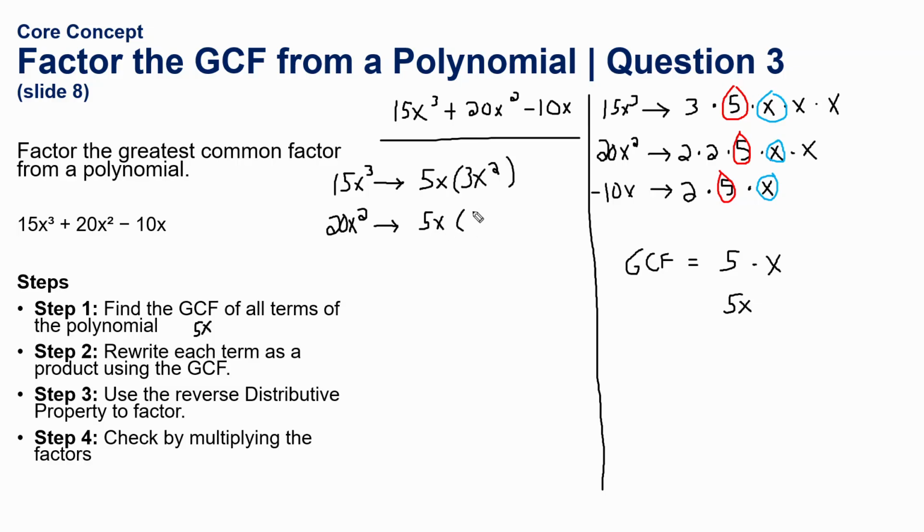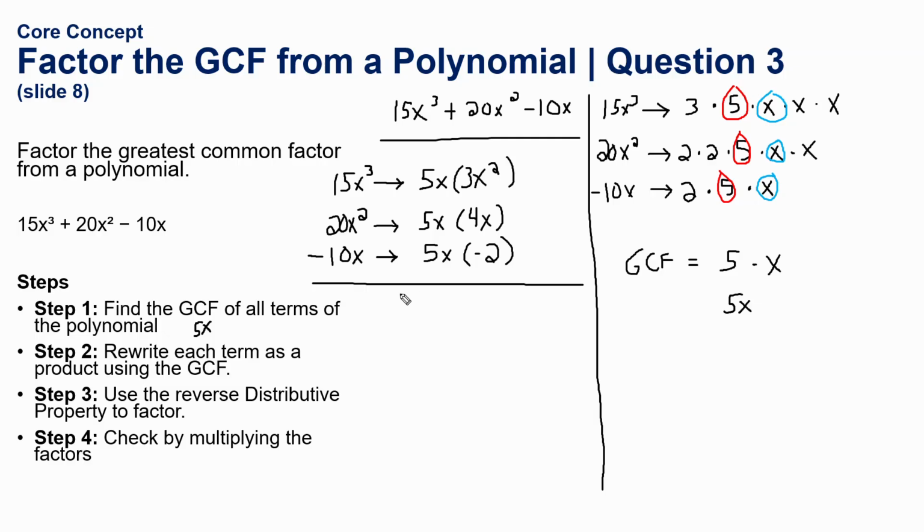And then 5 times 4 is 20. And x times x is x squared. So it can be written as 5x times 4x. And then finally, negative 10x can be written as 5x times negative 2. 5 times negative 2 is negative 10, the x left over.